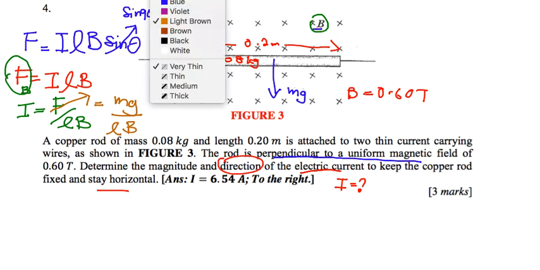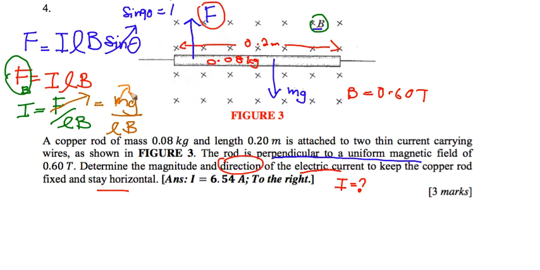So put in the values: the mass of the rod is 0.08, and g is the constant 9.81, and B is given by the question as 0.6 Tesla, and the length of the conductor is 0.2.